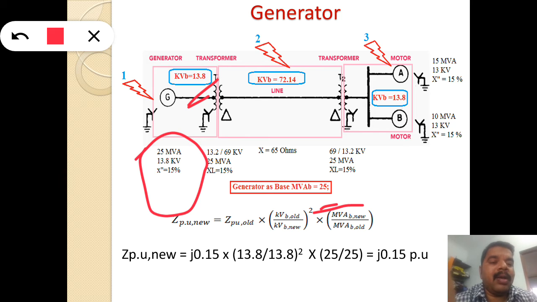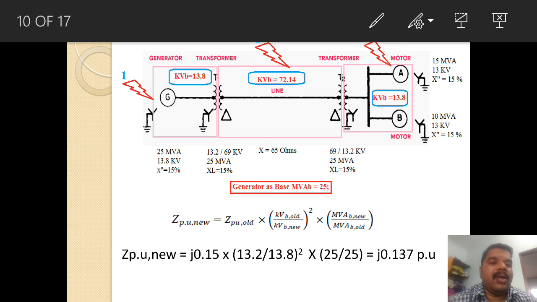Throughout the problem the MVAb new will be the same, because the generator is chosen as the base. MVAb new is 25 divided by MVAb old, which is 25, so what we get is j 0.15 per unit for the generator. Now next we have to move on to the transformer.